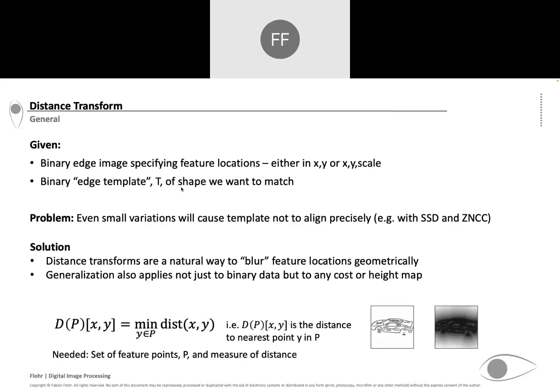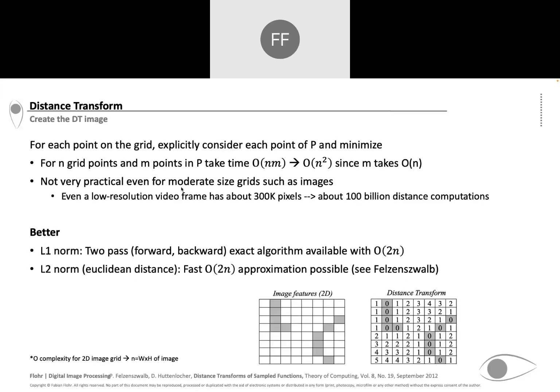Normally you would take n grid points and m points in P. So the m points are your feature points. You would take n grid points, which is your image size. Basically, you would take n by m, and this corresponds to n square, since each m basically takes O of n.